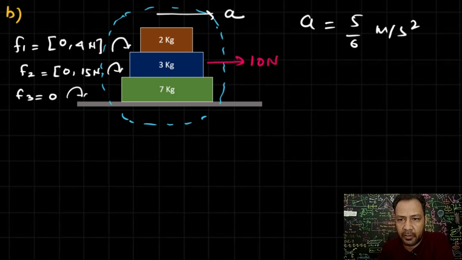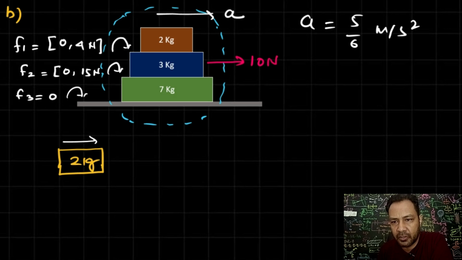So what I will do, I will take a system of first 2 kg and we'll see whether slipping between 2 kg and 3 kg is taking place or not. If the whole system is moving with this acceleration, the 2 kg also has to move with the same acceleration. And who can give this acceleration? Obviously the friction force between 2 kg and 3 kg can provide this to the 2 kg block.